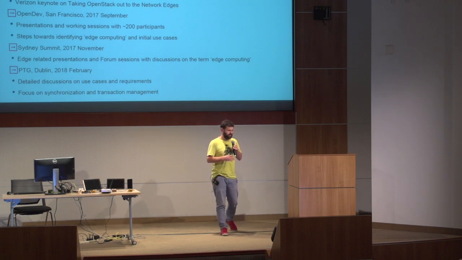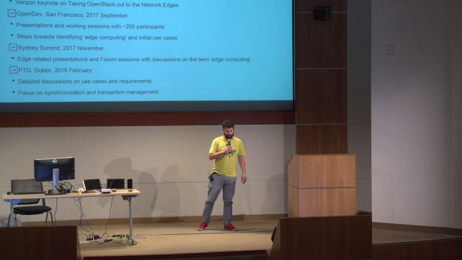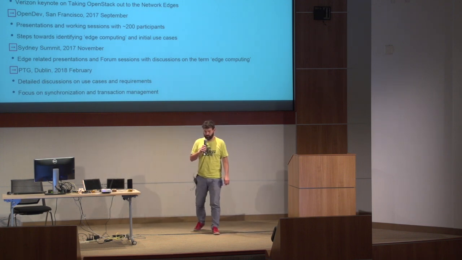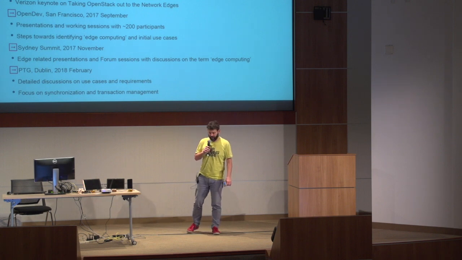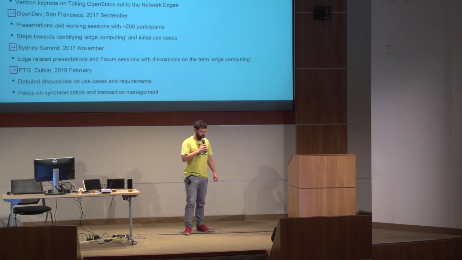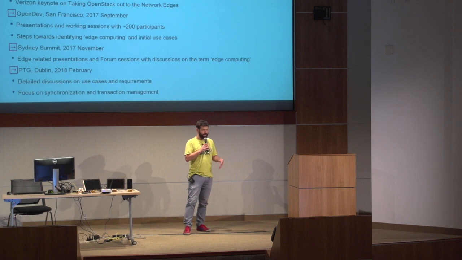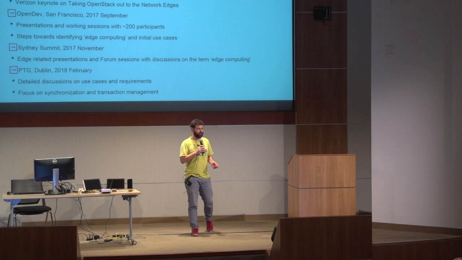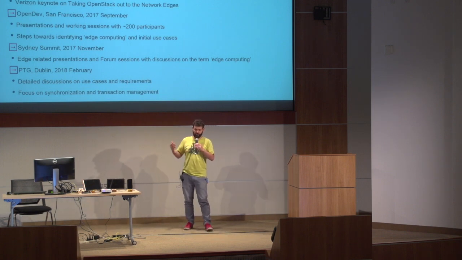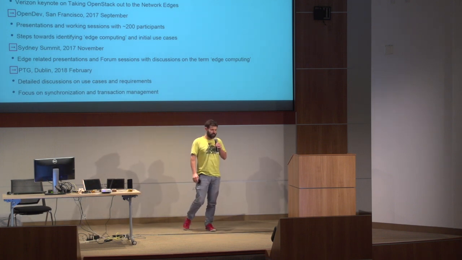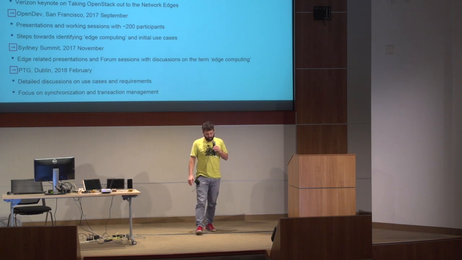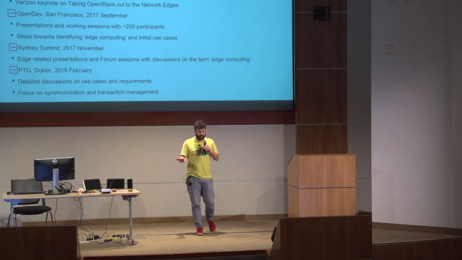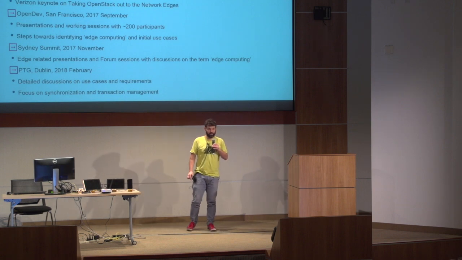This was started at the OpenStack Summit Boston 2017 with a Verizon keynote where Beth from Verizon described that in an edge cloud infrastructure, OpenStack has a critical role. After this, there was an OpenDev conference in San Francisco dedicated only to edge.